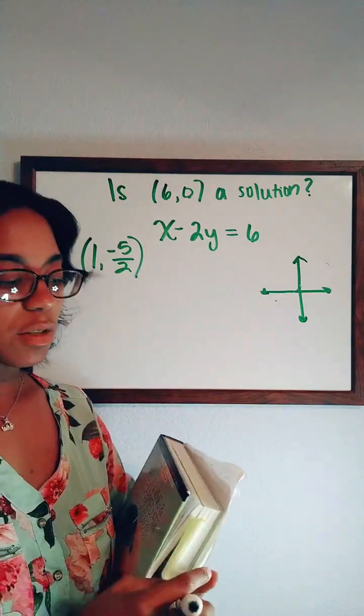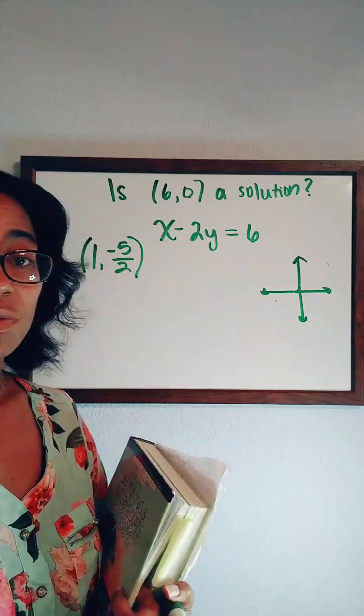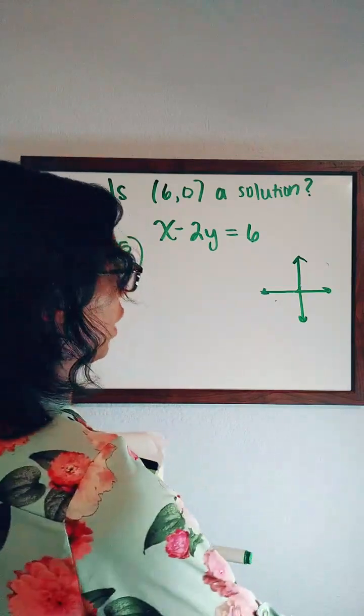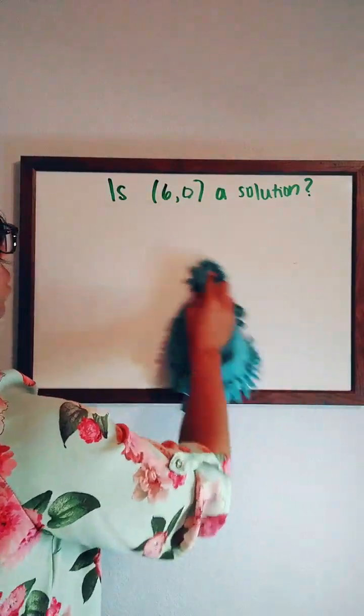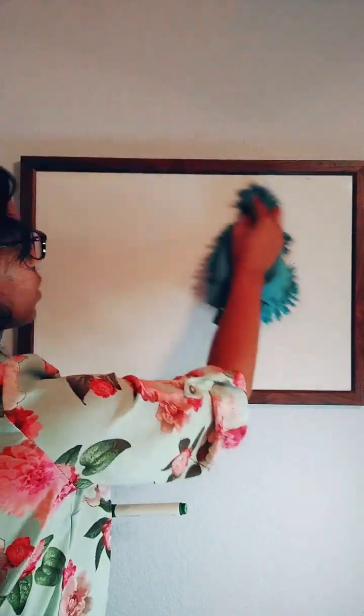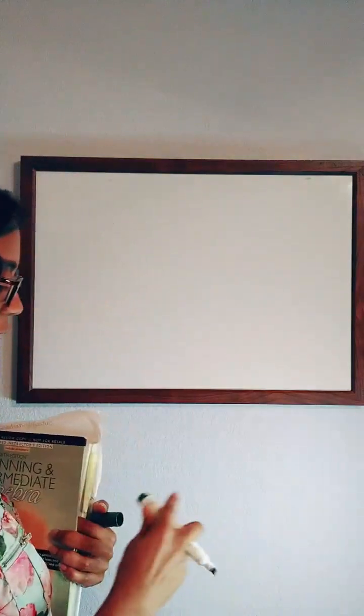Excellent. So now I'm going to give you one, and you're going to have to find the missing point, okay? So now we're going to progress where we have to find the other. You need to complete the solution.